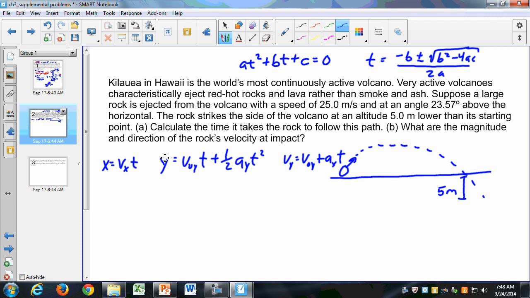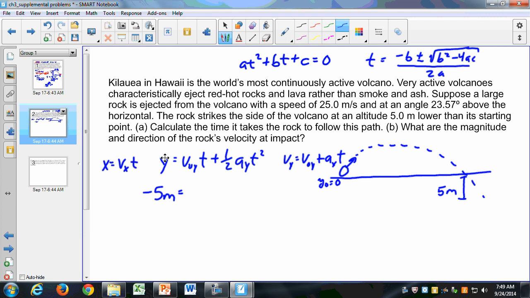So let's see. I would have y is equal to -5 meters. I say -5 because here y naught is equal to 0. v naught y. Somebody tell me what v naught y is? Would it be the y component of the vector they gave you, the 25 meters per second? That's right, yeah.